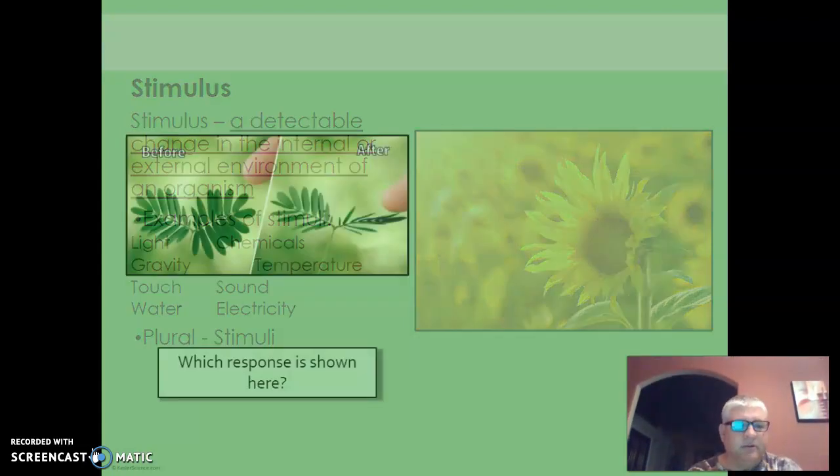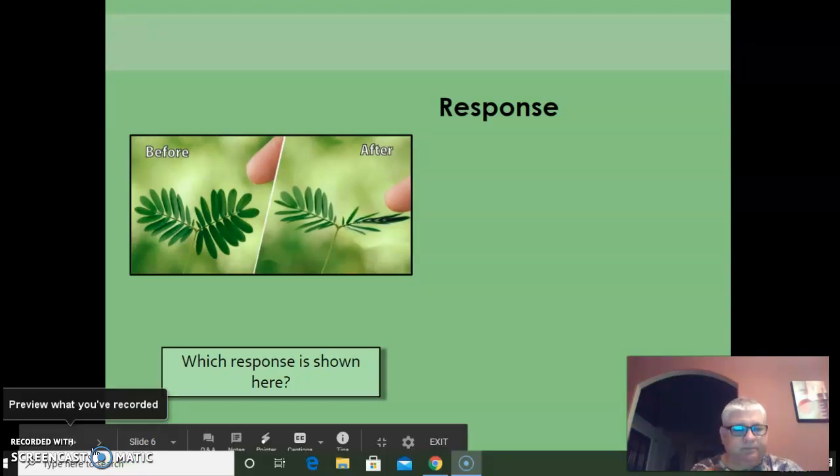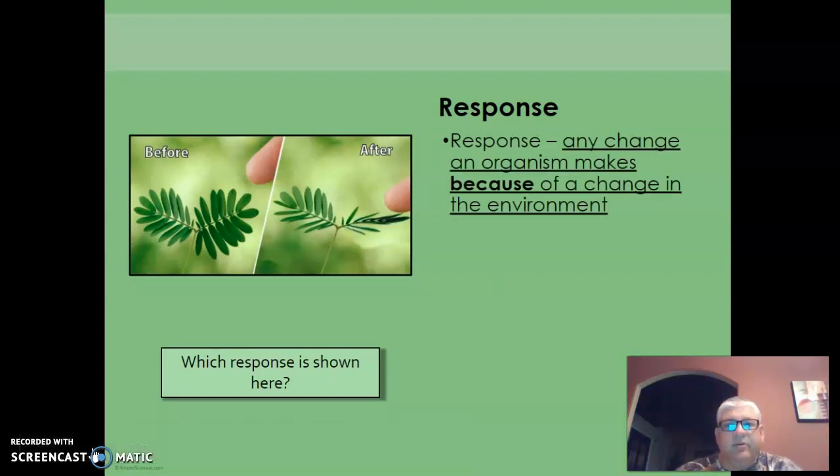It's plural, stimuli. The next is the response. I don't know if you know what a touch-me-not is, but that's what that is right there. You touch it, and within just a few seconds, it goes from the before to the after. This is the definition of what a response is.